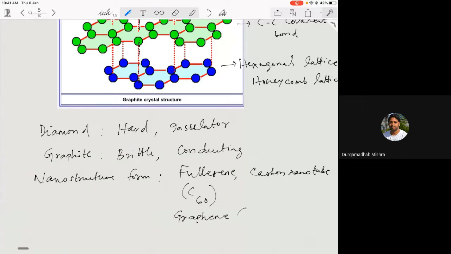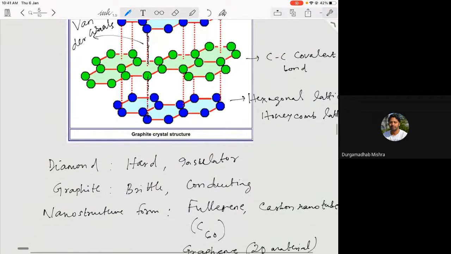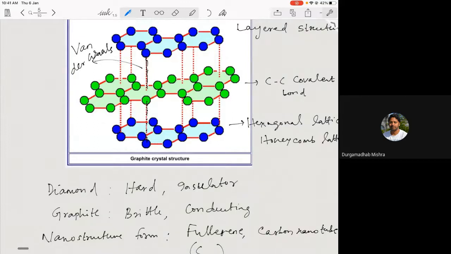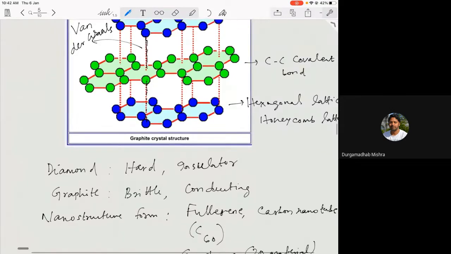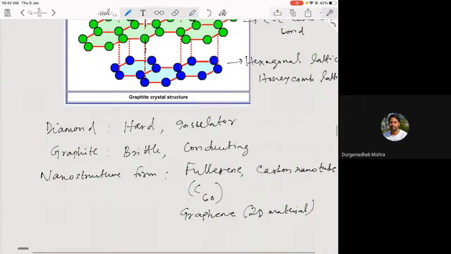It is like a 2D material. Graphene is nothing but, if you take one layer from graphite, that is basically your graphene. It is possible to actually remove one layer and it is still stable, and that is a two-dimensional material, and normally you will observe it when you go to the nanostructure.